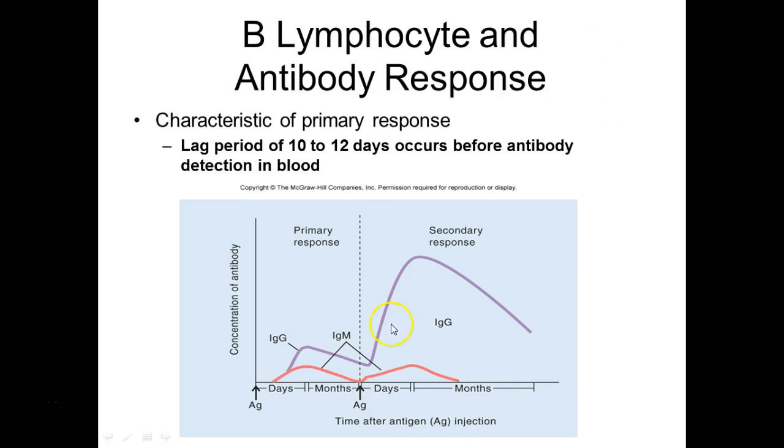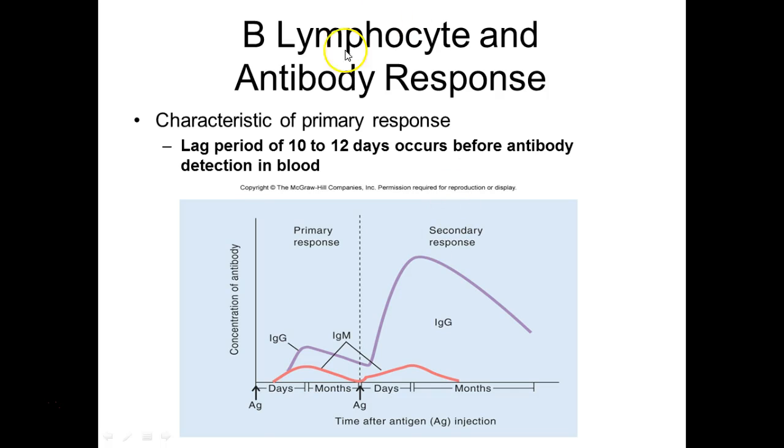Notice how quickly the antibody concentration goes up and how quickly we switch from M to G. That more protective class of antibody that can do more things. Right. So our response is faster, swifter, because we're activating memory cells instead of trying to find a naive cell that's never seen antigen before.